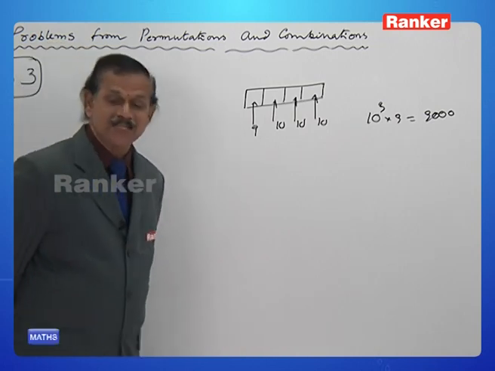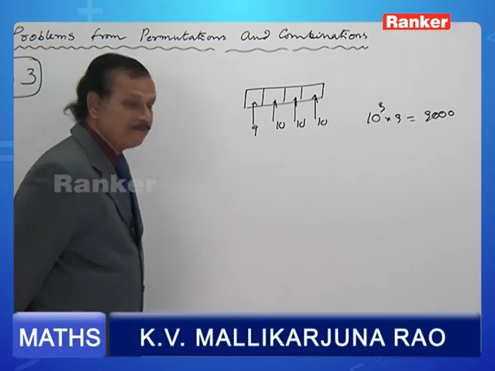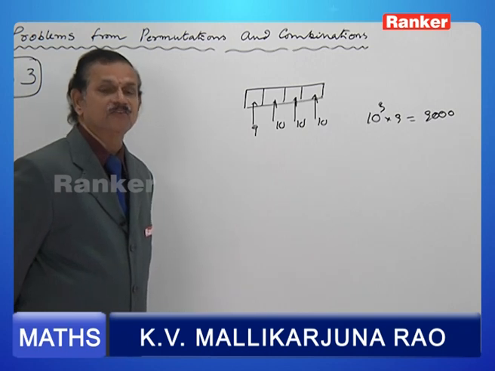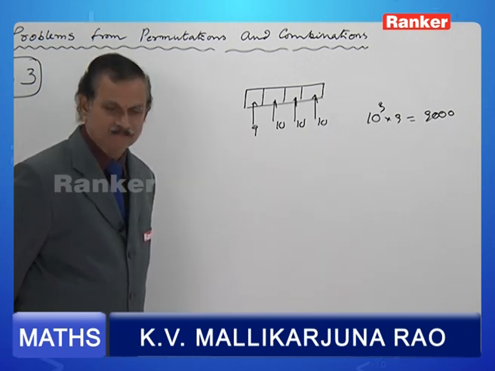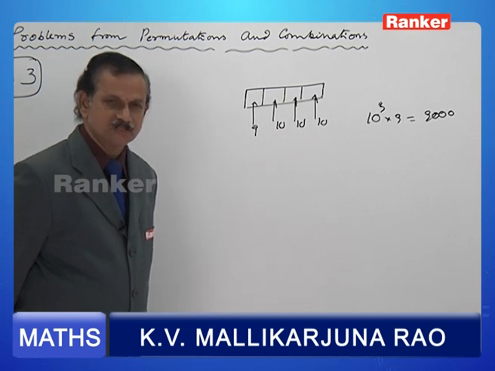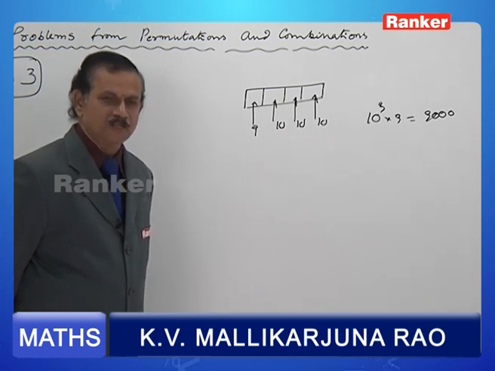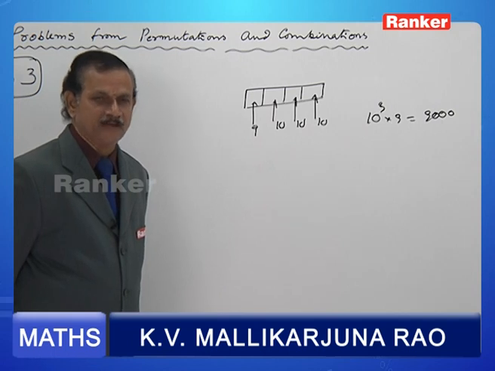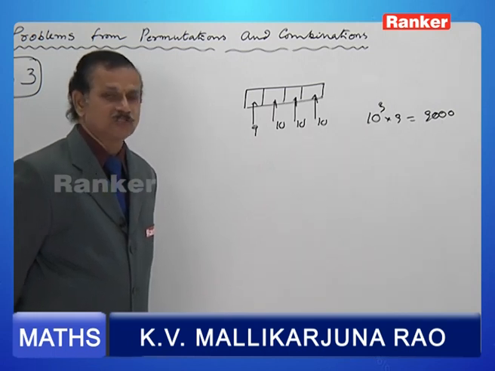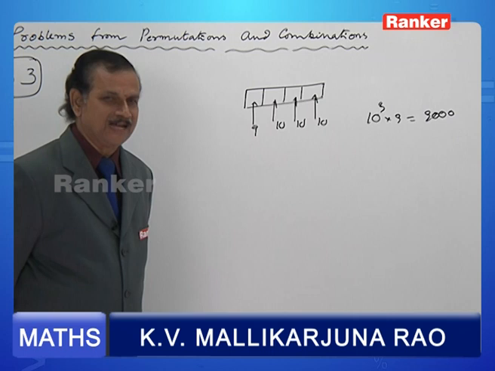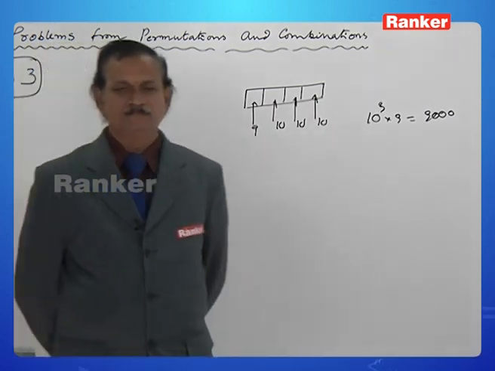And to have that, at least one of the digits must be either 0 or 3 or 6 or 9. That's it: 0, 3, 6 or 9. They must be there. Otherwise, it is not possible to have the product divisible by 3.